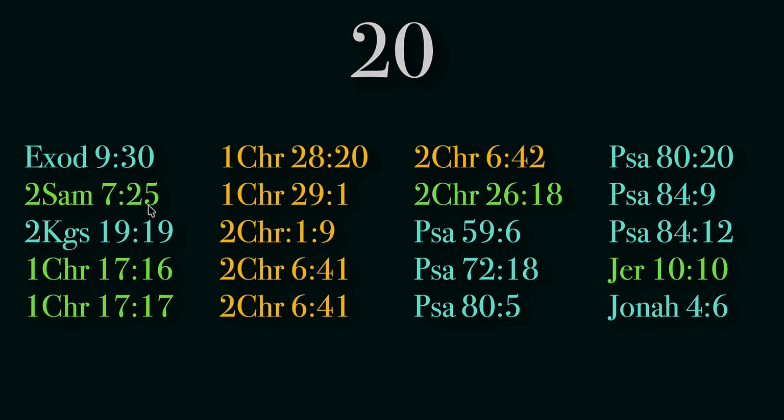Now, these green references, three of them, 2 Samuel 7, 1 Chronicles 17, are in the context of the Davidic covenant. That means God is making a special covenant, and that's why the compound name is used. It surely has a significance.